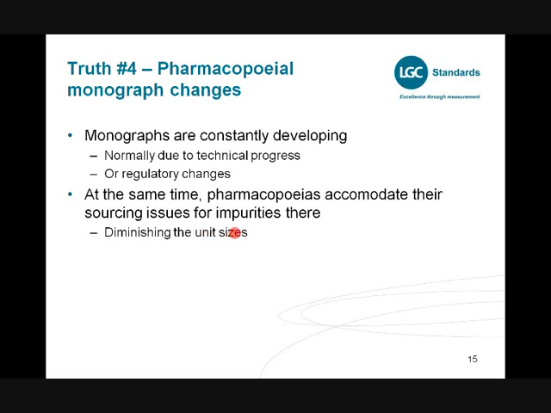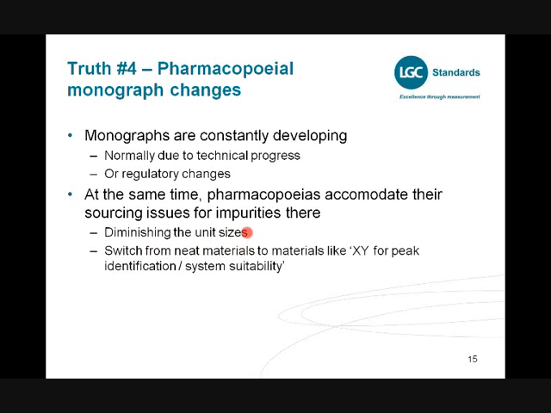Normally they are changing in a way that less material is provided per unit size. What they also sometimes do is switch from neat materials to materials that they then call drug substance XYZ for peak identification or for system suitability.